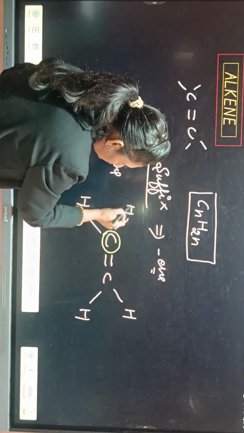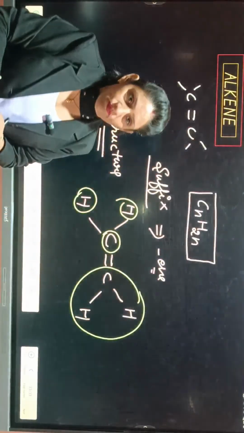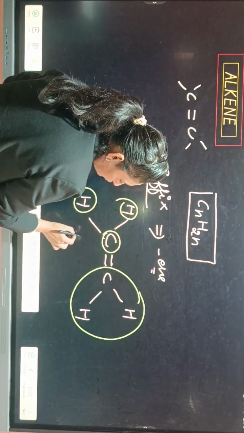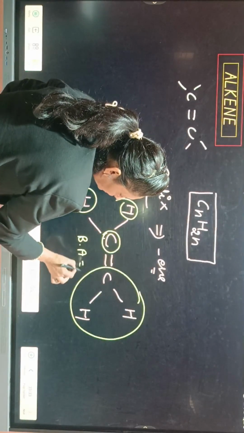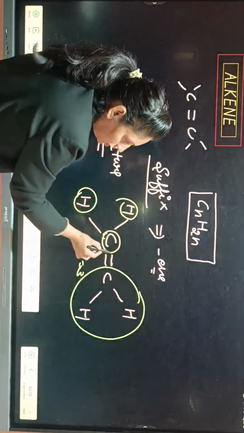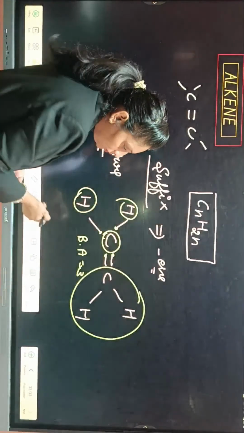Here bonded atoms are 1, 2 and 3. So bonded atoms with this carbon are 3. Lone pair: it has 4 valence electrons and all are forming bonds, so lone pair is 0.